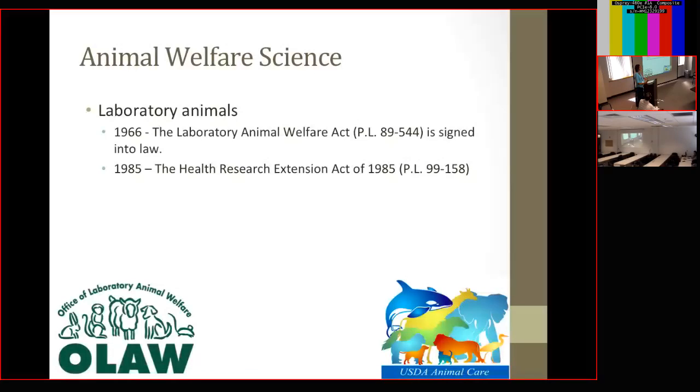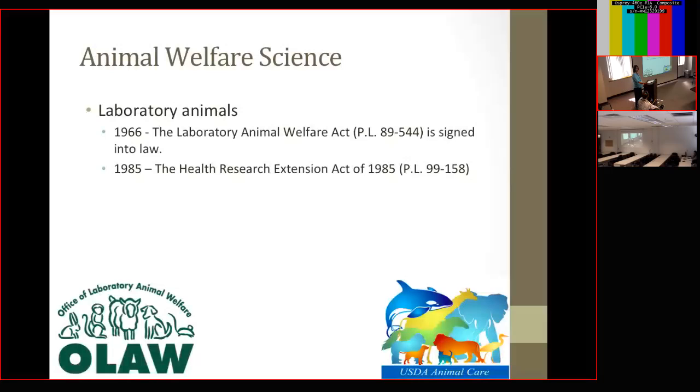In 1985, the Health Research Extension Act was passed, and that is enforced by the NIH Office of Laboratory Animal Welfare, and it applies to all Public Health Service funded research. So those federal regulations were put into place to ensure that the animals being used in research and teaching, as well as other uses, were being treated humanely.